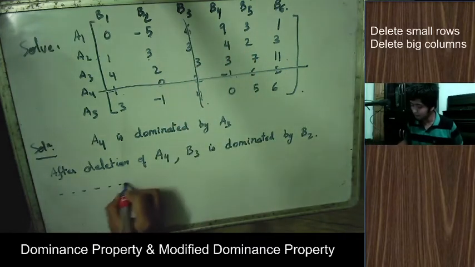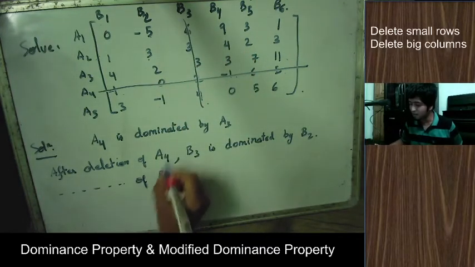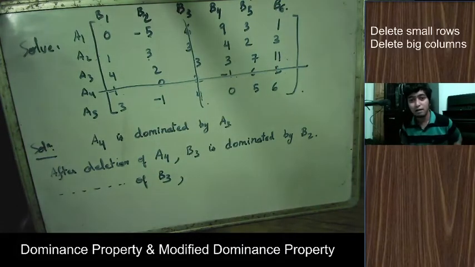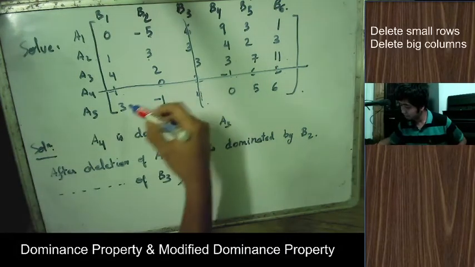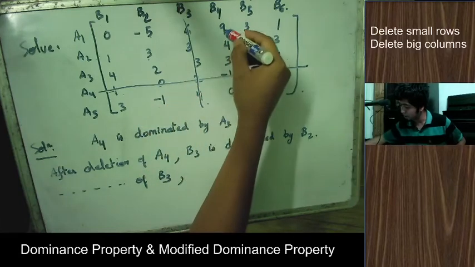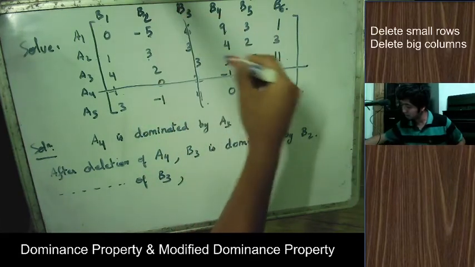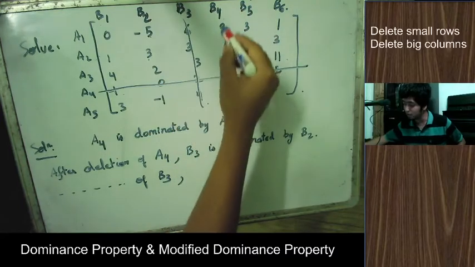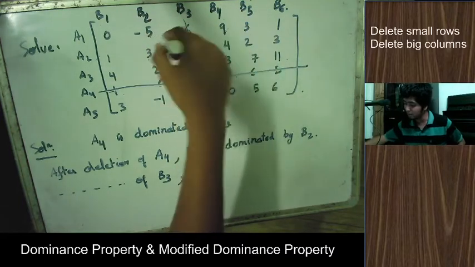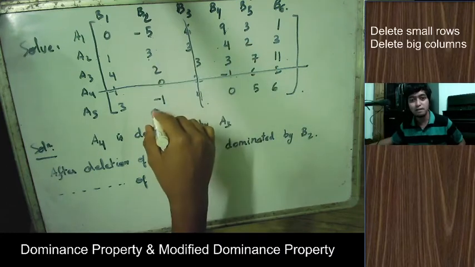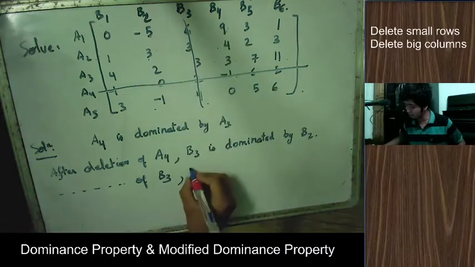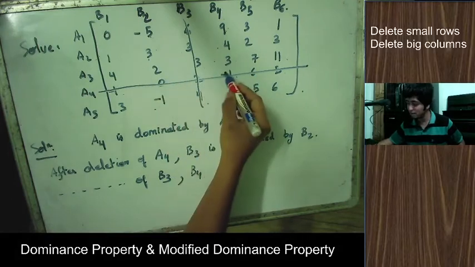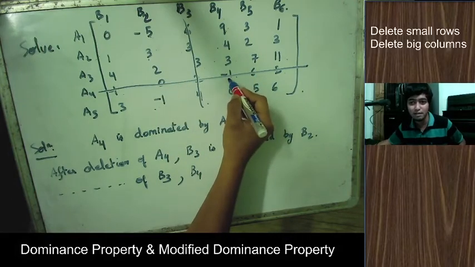Again, after deletion of B3, let us check again. Over here, B4 is again bigger than B2. 9 is greater than -5, 3. So B4 is greater than B2. We don't have to check for this one because this number has already been deleted.